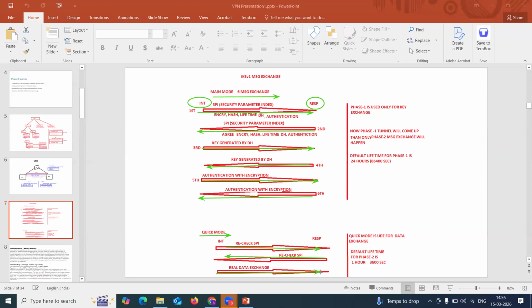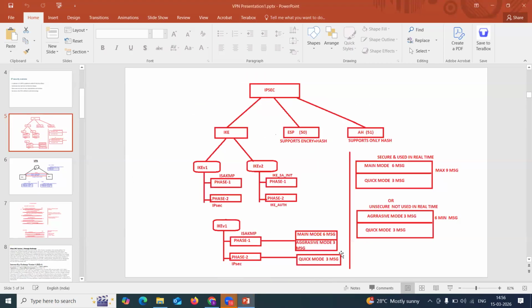Message exchange means I'll give you information, you will agree on that and reply back. Again I'll send you some information, and you will send some information. This is called message exchange. So a total of six messages are required in main mode and three messages in quick mode.